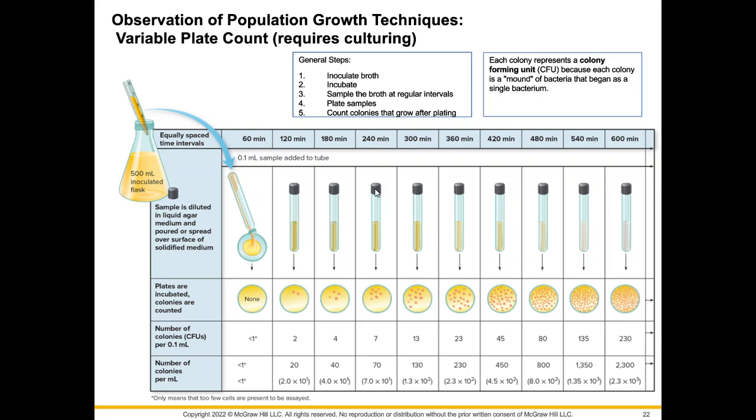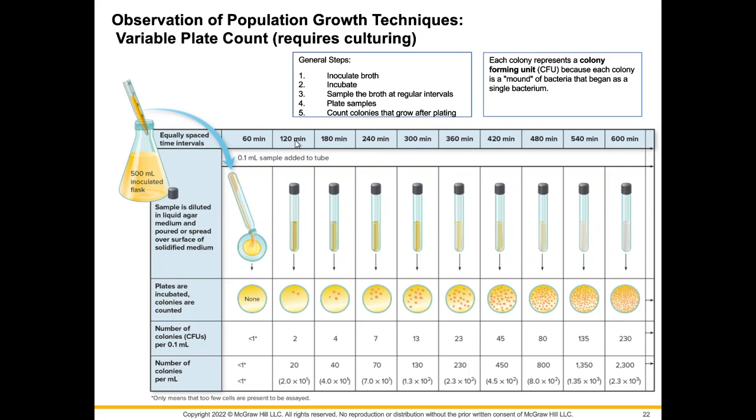So let's go through this picture from your text. What it's showing you is that initially we have a broth that is inoculated. This is a flask that has been inoculated with a bacterium. At 60 minutes, we're going to take 0.1 milliliters of this broth and add it to a test tube.